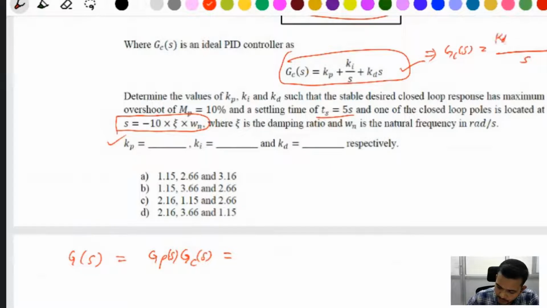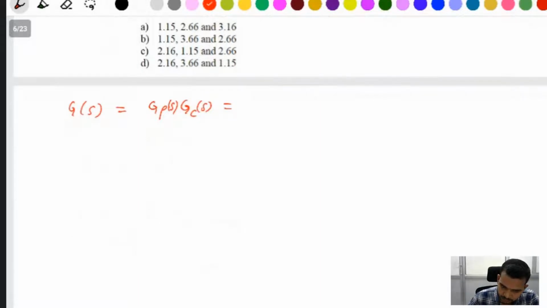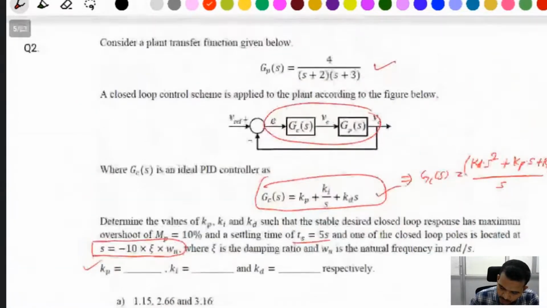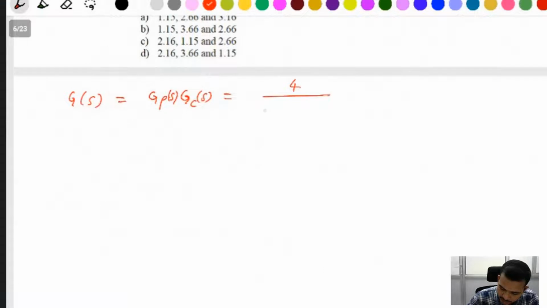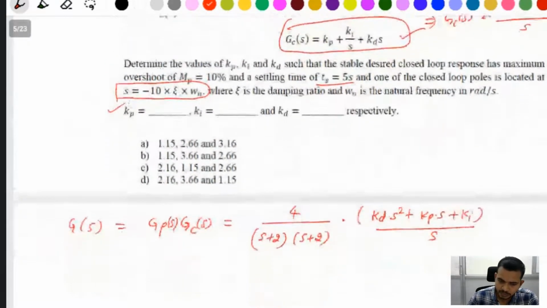If you take s as the LCM, then you find Kd s squared plus Kp s plus Ki. GP is equal to 4 divided by (s plus 2)(s plus 3), and this one is Kd s squared plus Kp s plus Ki divided by s.